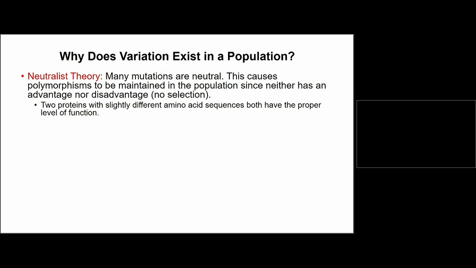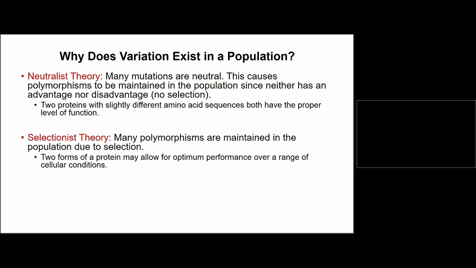Or you could also have proteins that change the amino acid, so it might be a, what's it called when it changes the amino acid? A missense, but maybe it doesn't actually change what the protein does, right? Maybe they basically do the same thing. One has a leucine, one has a valine, but the proteins are basically the same. So there's really no advantage or disadvantage.